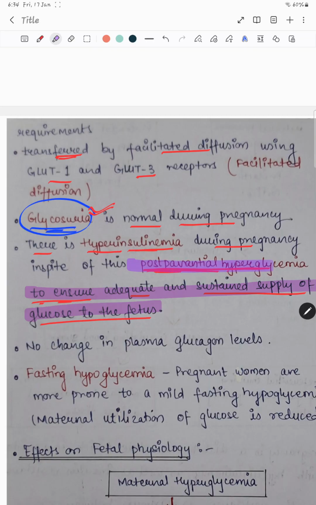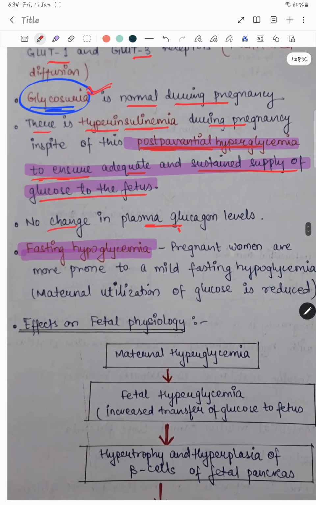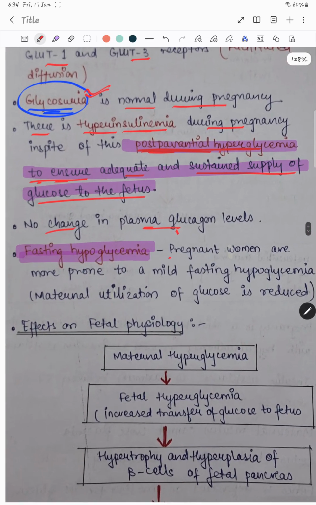One is postprandial hyperglycemia, the other is fasting hypoglycemia. There is no change in the plasma glucagon level, even as insulin is changing. Pregnant women are more prone to mild fasting hypoglycemia, because maternal utilization of glucose is reduced.